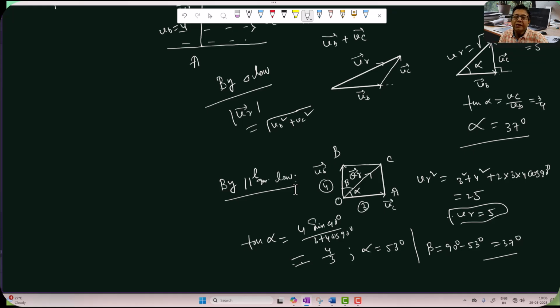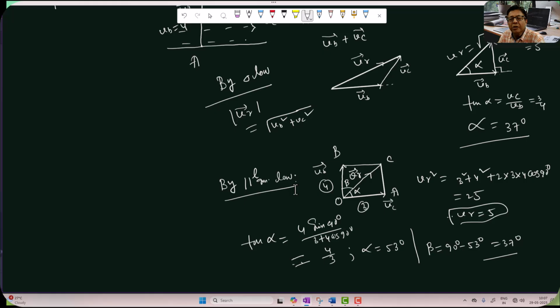So, both triangle law and parallelogram law will give you the same result. Only in the case when sequential addition is required, you use triangle law. And if two vectors start from the same point, then you apply parallelogram law. Another thing I would like to say, addition of 3 or more vectors will be easier to understand with the help of triangle law.